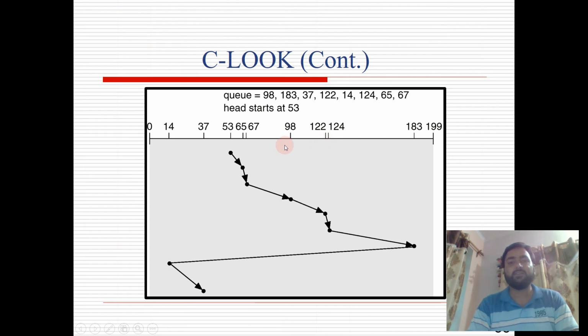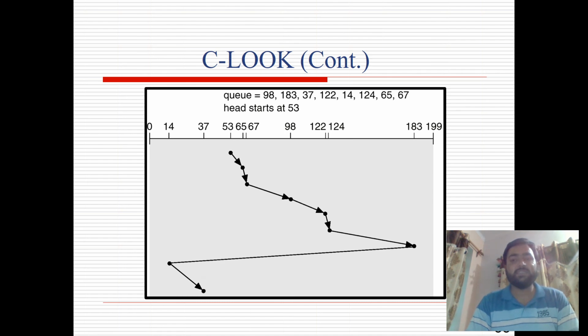You can see that after the head movement at the 183 position, it tracks back to the last request in the other direction, that is 14. It does not go to the end of the disk. It goes to the last request in that direction, and from 14 it will track back to 37.